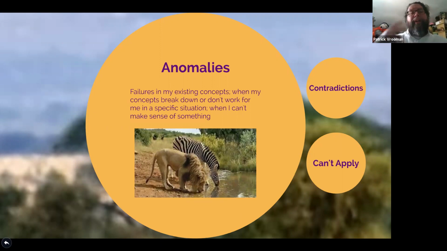And those are called anomalies. And what the concept change people talk about is when you get enough anomalies, your old critters start to fall apart. As teachers, what we want to do is create anomalies for our students to deal with. We want to encourage the failure of old ideas in order for new ideas to have room and come in.